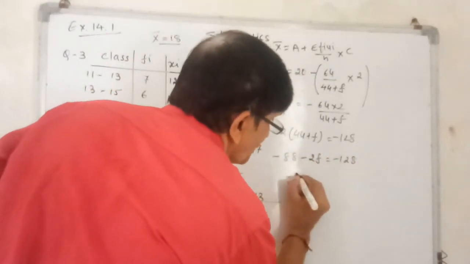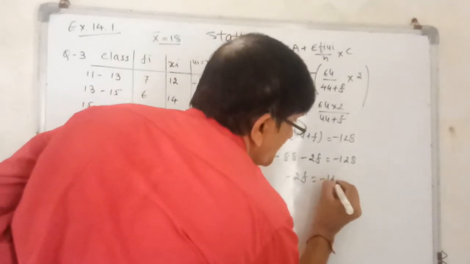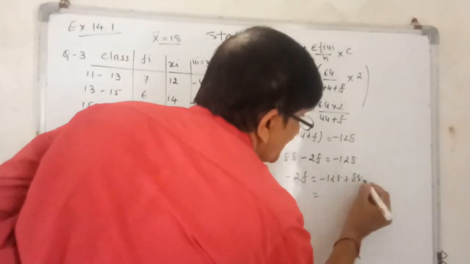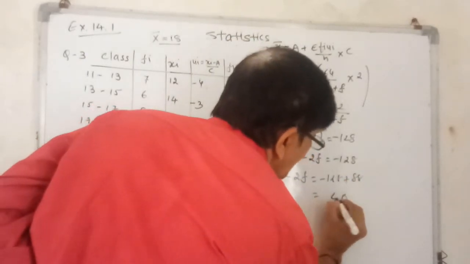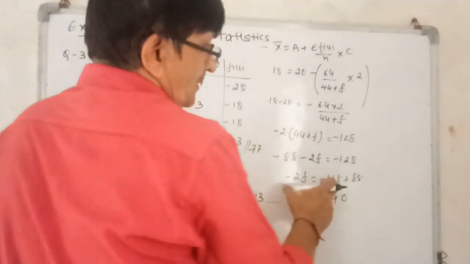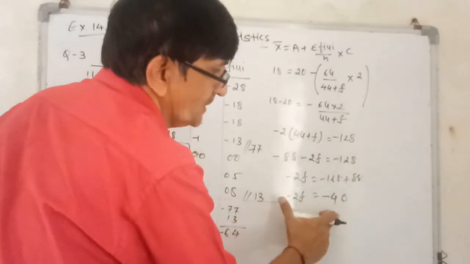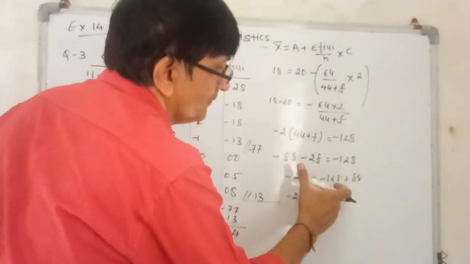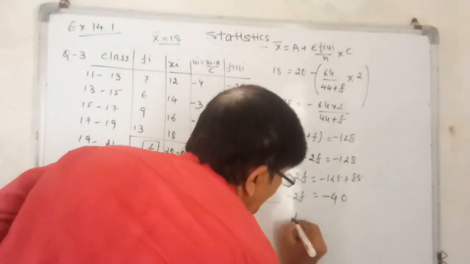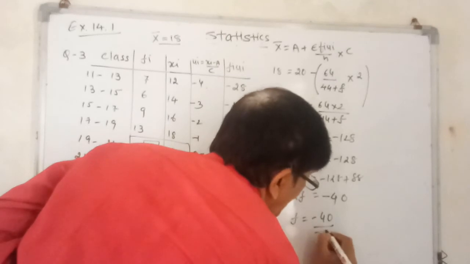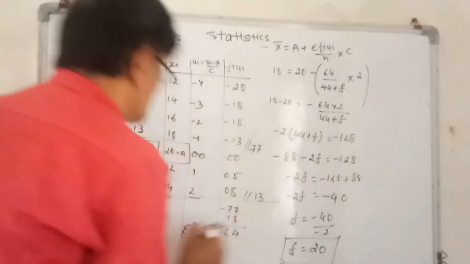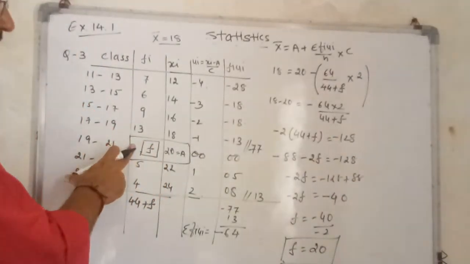Shift this: minus 2f equals minus 128 plus 88, which is minus 40. So minus 2f equals minus 40, therefore f equals minus 40 upon minus 2, so it is 20. Your missing frequency is 20.